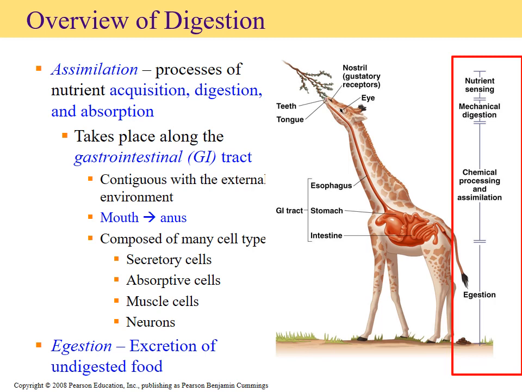Now, on your PowerPoint, you're also going to notice that there might be some other terminology that we can utilize to demonstrate our ingestion, digestion, absorption, and defecation. All of these are correct as well.